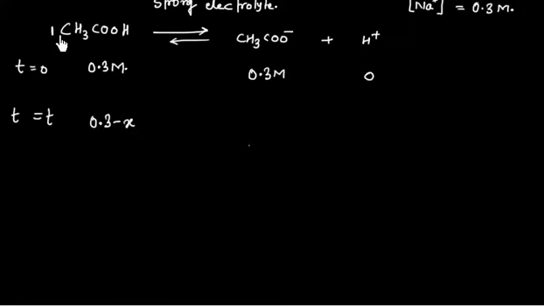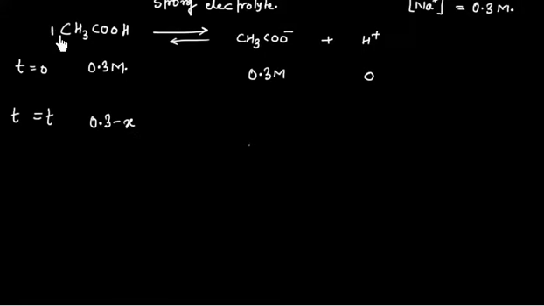Now if I put these assumptions in Ka, we have Ka equals x times 0.3 plus x, divided by 0.3 minus x. Now with the assumption, I can ignore x in the numerator, and in the denominator we will have 0.3.